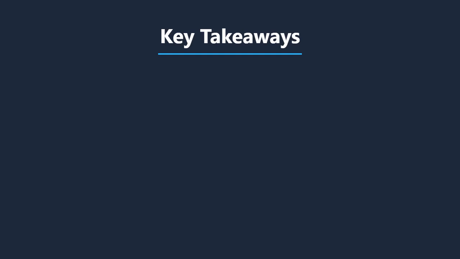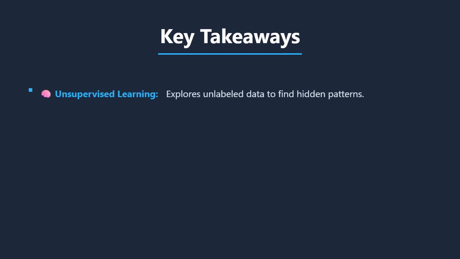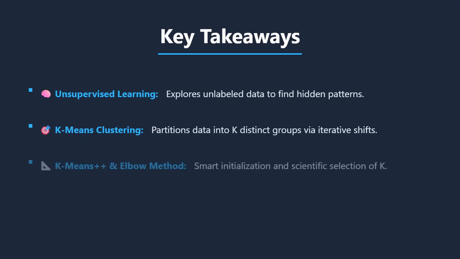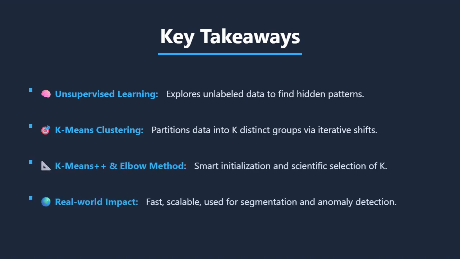Let's summarize everything we have learned. Unlike supervised learning, unsupervised learning explores unlabeled data to find hidden patterns. K-means clustering does this by partitioning data into K distinct groups. It works by dropping centroids, measuring Euclidean distances, assigning points to the closest center, and shifting the centroids until convergence is reached.